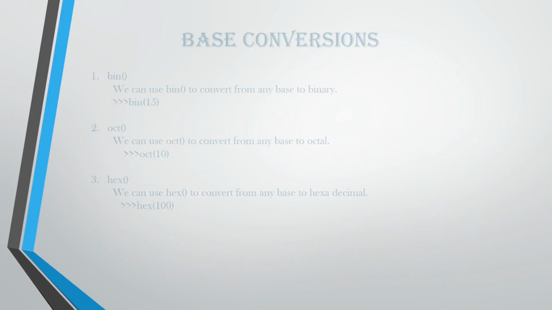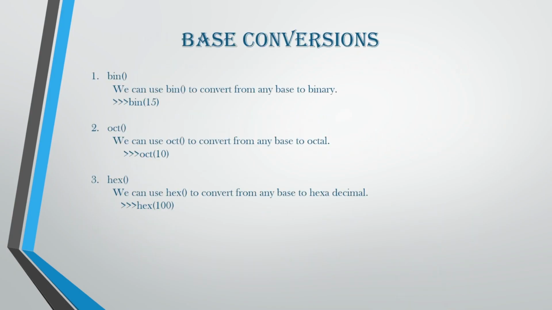Now let us continue. Next we have base conversion. So what are these base conversions? In Python, it provides the following inbuilt functions for certain base conversions. So we have bin, oct, hex. How are you going to convert one value to another? We can use bin to convert from any base to the binary digit.